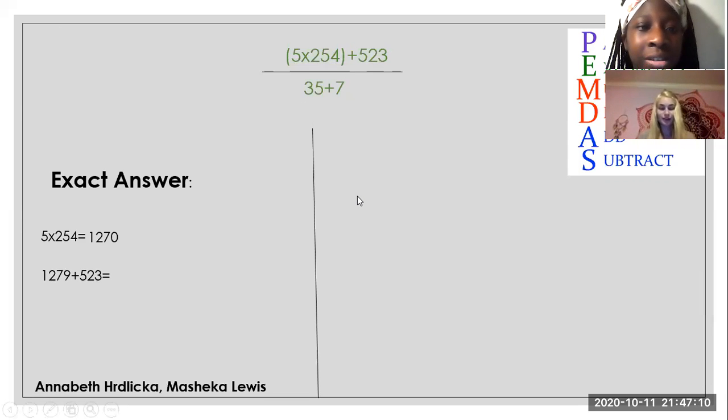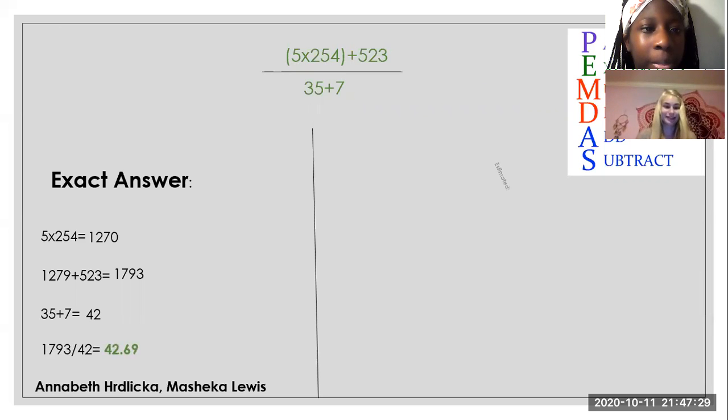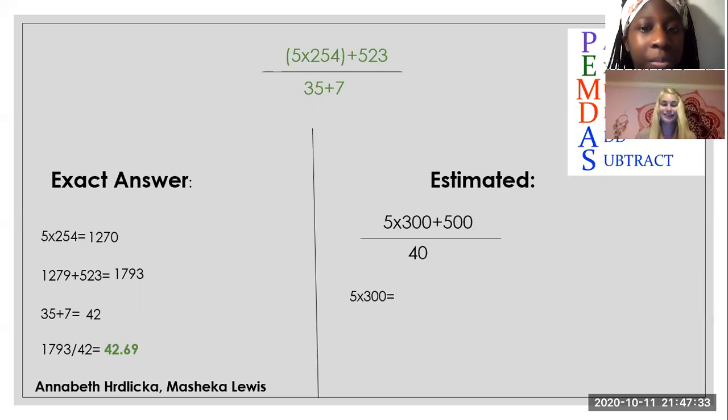What happens if you end up not solving the numerator and the denominator first? Well, everything will mess up, like we were saying. It just won't work in the end. Like I said, the rules of math.